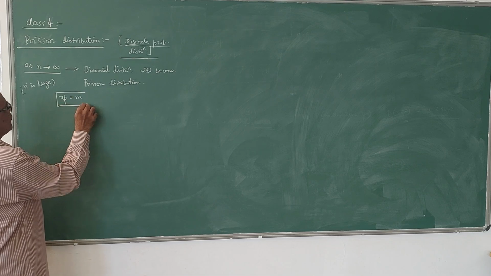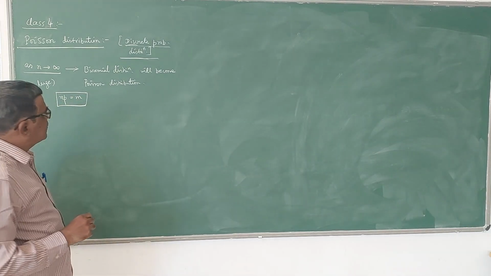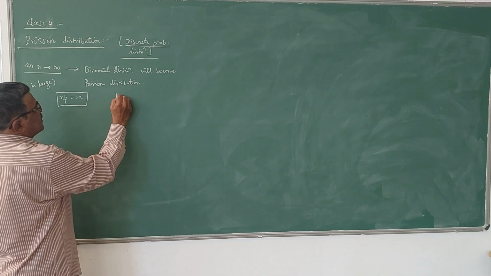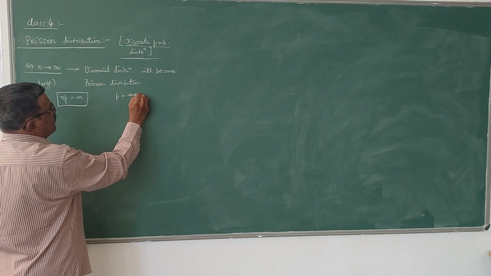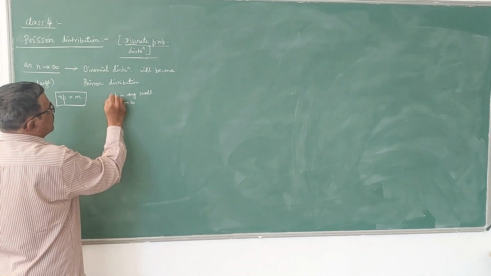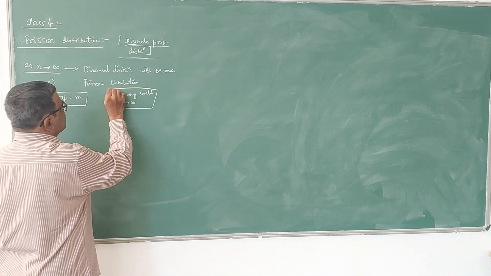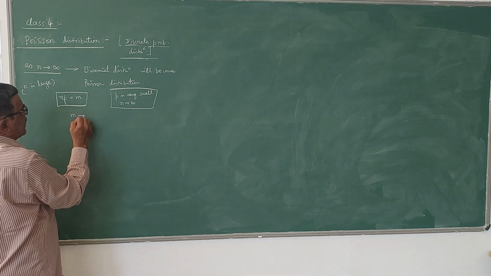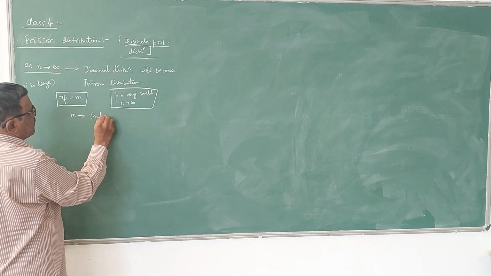Here p is very small. When p is very small and n tends to infinity, when you multiply these two, n into p, it becomes a finite number m.